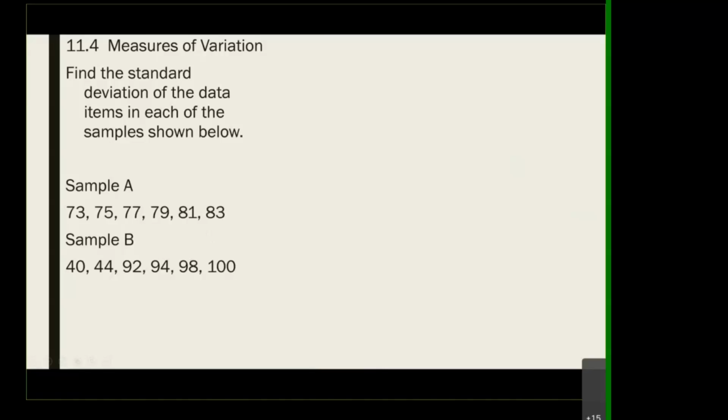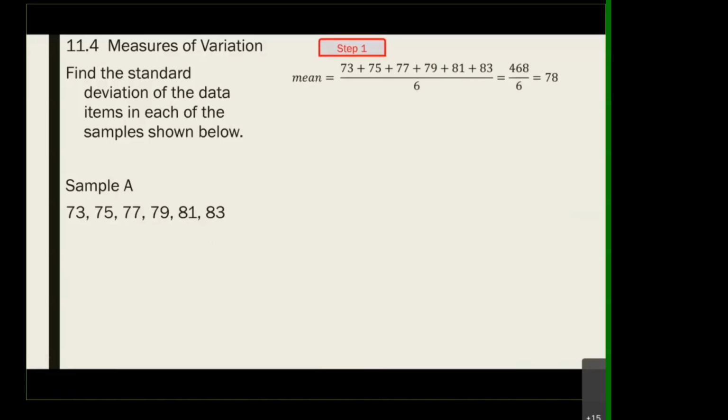This is what I want you guys to do, ladies and gentlemen: create a chart. What is step 1? Reminder, step 1 is we need to find the mean, because remember the standard deviation is the average difference from the mean.